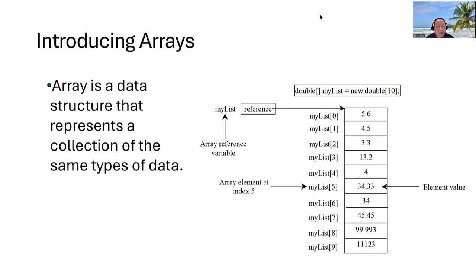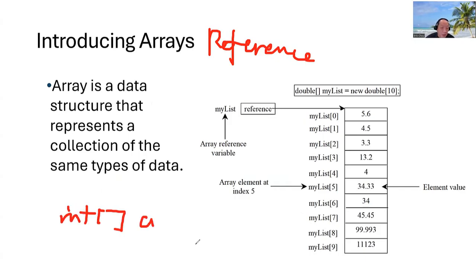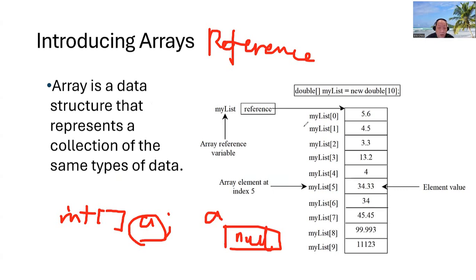Okay, so array is a reference type. Reference type is storing the address. So you declare integer array A. Then this one is an address holder. We talked about this before. This address holder will hold an address, but if you do not assign anything to it, it will be null. That means you are actually pointing to nowhere.